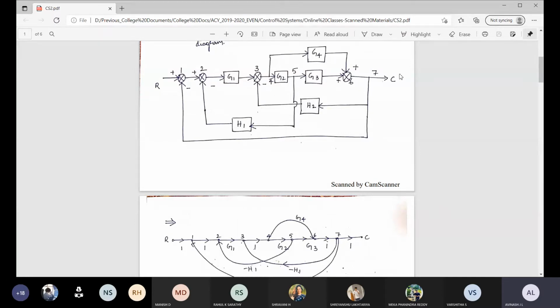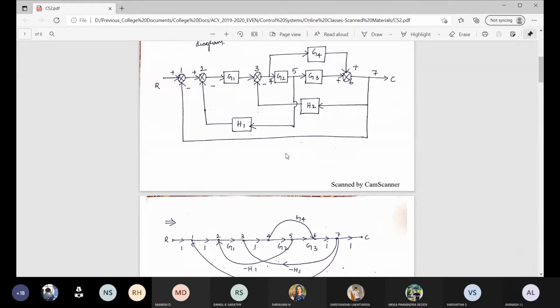Together, all these points are termed nodes. So we have nodes 1, 2, 3, 4, 5, 6, 7, and this one is C.